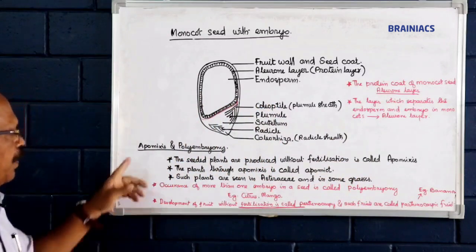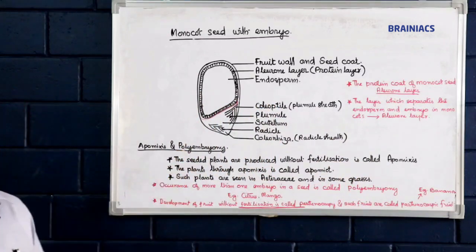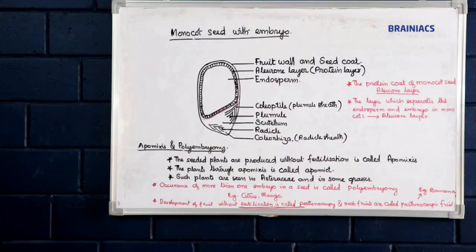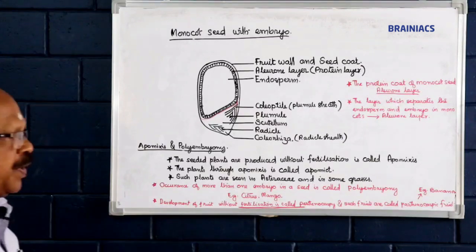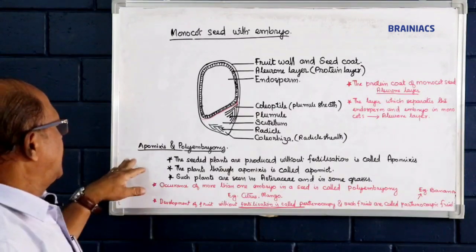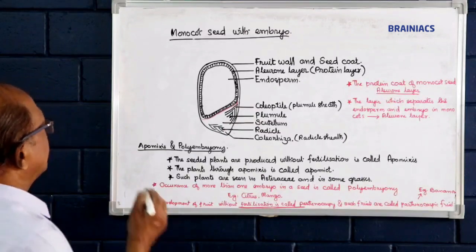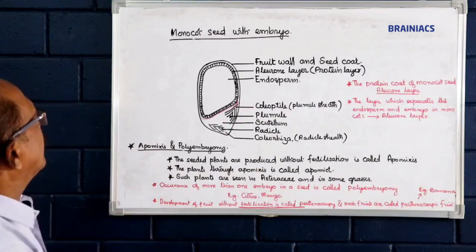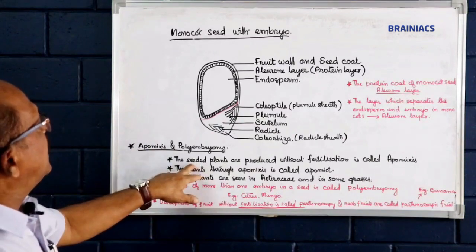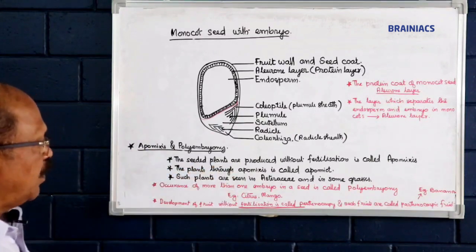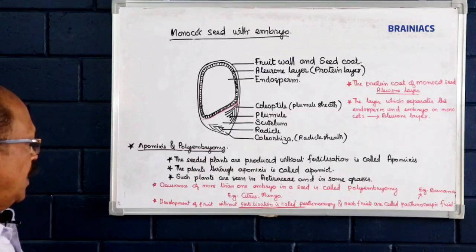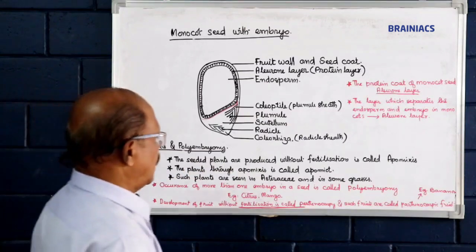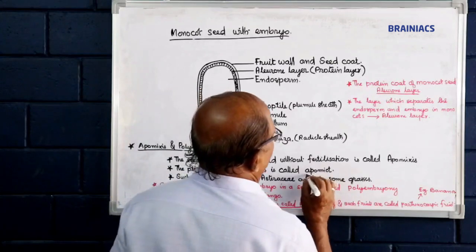Then apomixis and polyembryony. The seeded plants produced without fertilization is called apomixis. The plants through apomixis are called apomict.